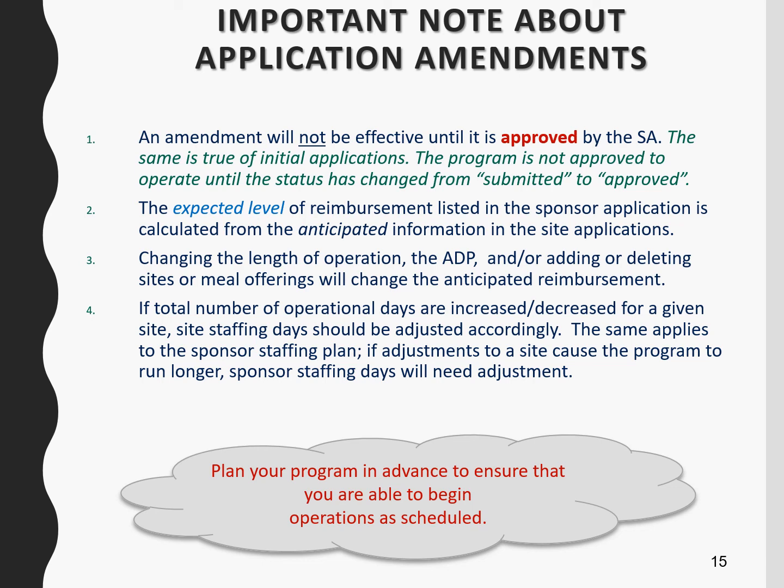If total number of operating days are increased or decreased for a given site, staffing days should be adjusted accordingly. The same applies to the sponsor staffing plan. If adjustments to a site cause the program to run longer, sponsor staffing days will need to be adjusted. Please plan your program in advance to assure that you are able to begin operations as scheduled.